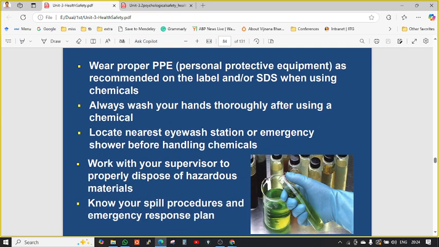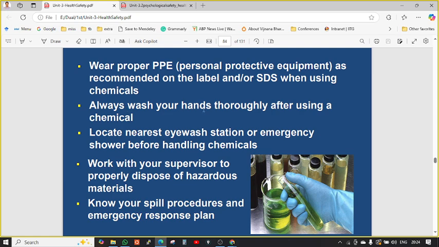Always wear an apron, gloves, goggles, or helmets, all the things that are called personal protective equipment. This is the safest way, better to protect than to cure. If you protect yourself before handling these chemicals or hazardous conditions, that is better than all other methods.